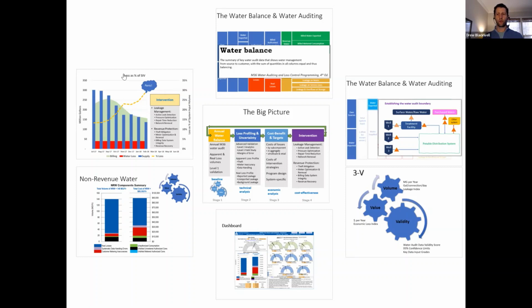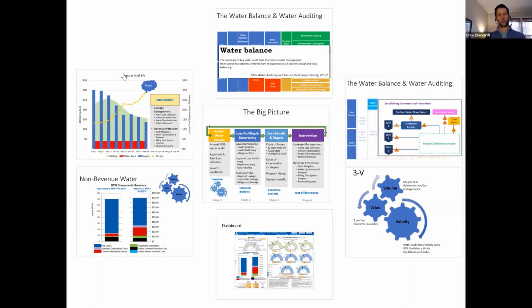But we walked through a little demonstration where we understood that tracking our water loss as a percentage can be quite frustrating, because it tends to bounce around and fluctuate quite a bit. But it also doesn't really tell us the full story of how we can address our water losses.